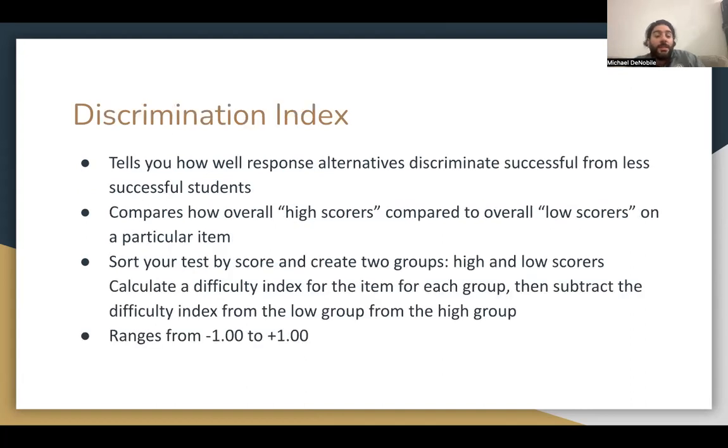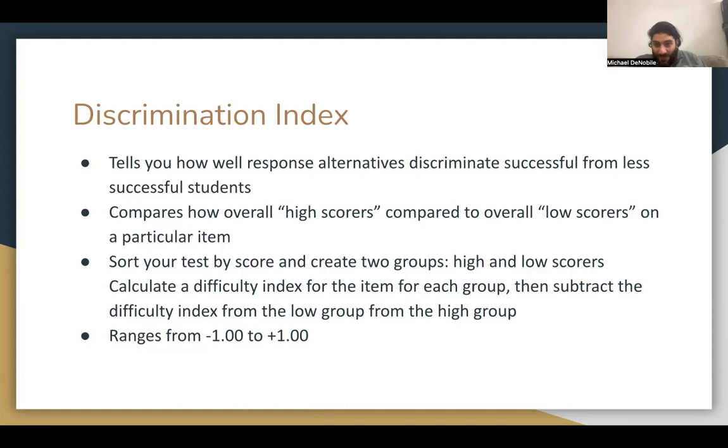The discrimination index tells you how well response alternatives discriminate successful from less successful students. This compares how overall high scorers compared to overall low scorers on the particular item. You sort your test by score and create 2 groups, the high and the low scorers.